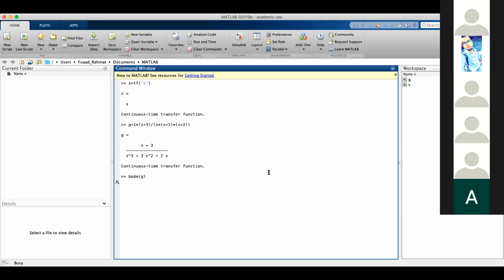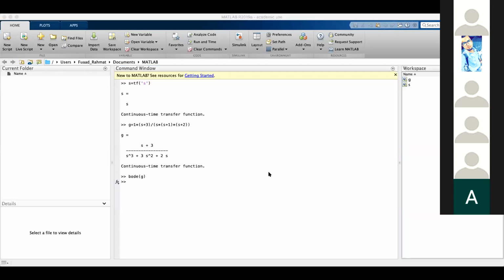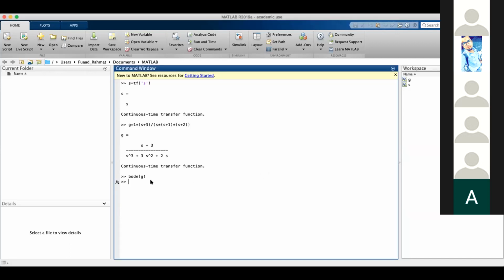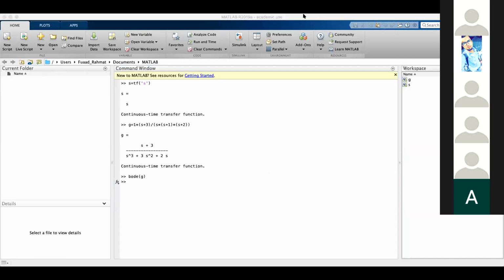Right. You can see that on the bottom left it is busy. It's calculating. Okay, it's done now. And then we put the grid here. So I share the screen.